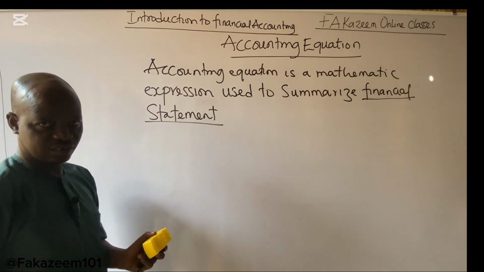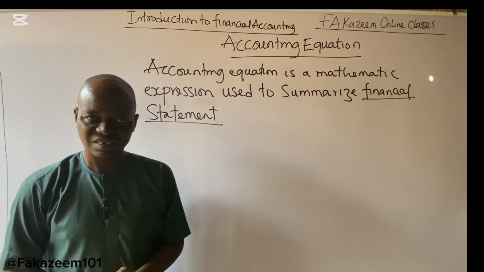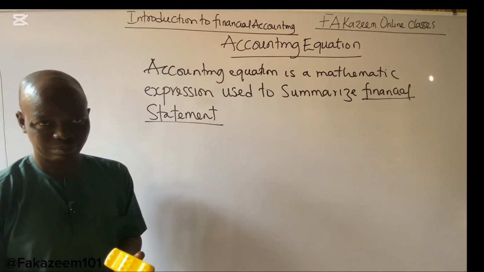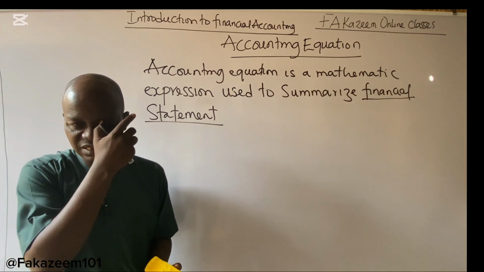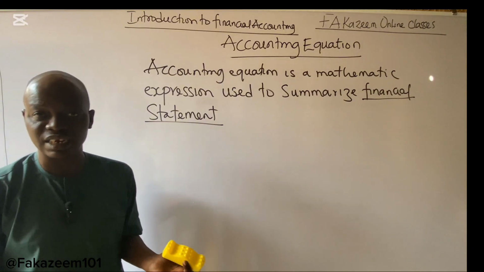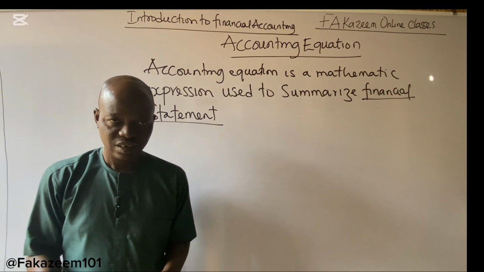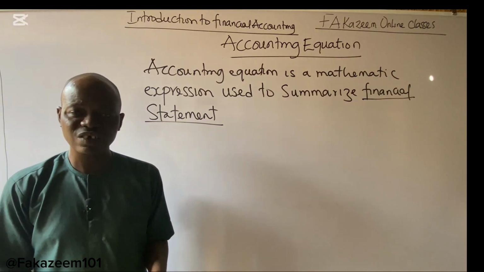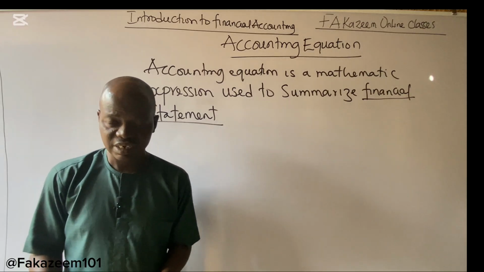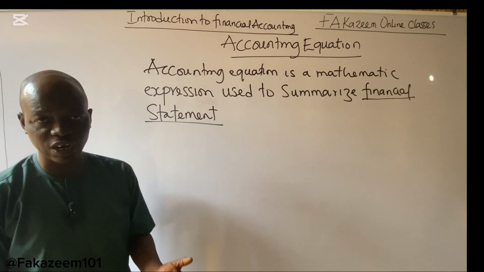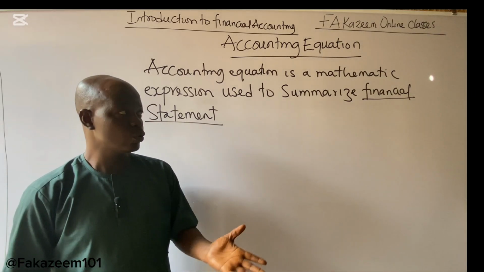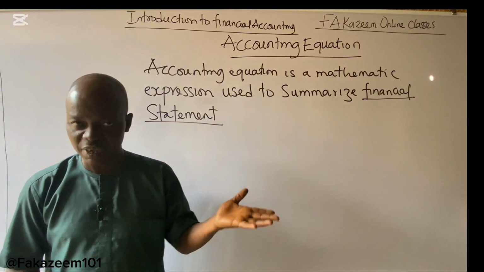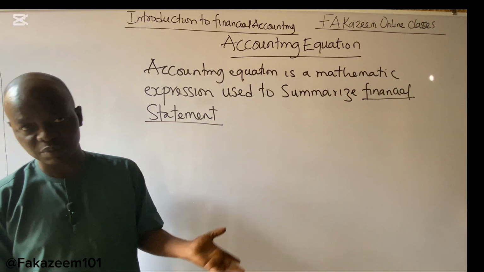What do we mean by this? Financial statements in practice are bulky. Some financial statements have pages of up to 180 pages. It will be difficult for users of accounting information that may not have in-depth knowledge of accounting to read page by page of the financial statement.